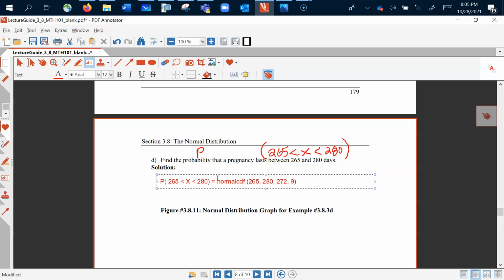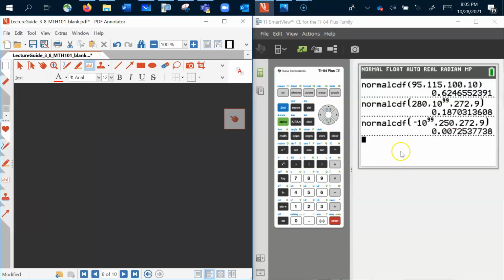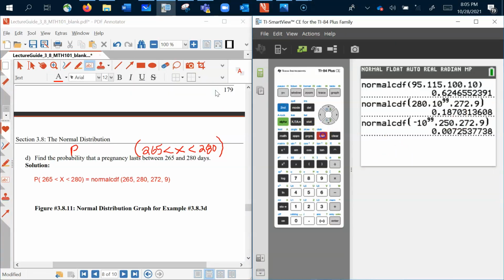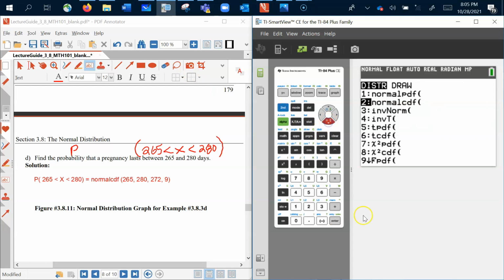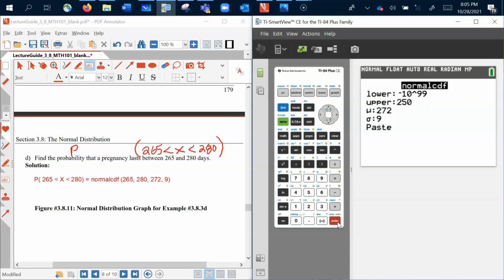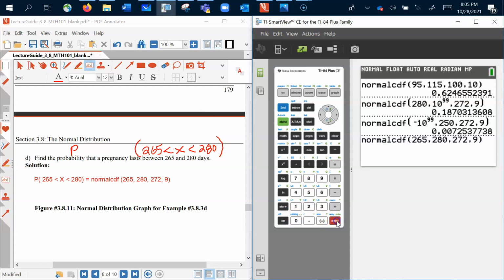And this is approximately, well, let's go to the calculator. So second VARS, option 2, normal CDF. The lower value here is 265. Upper value is 280. And the mean and the population standard deviation stay the same. So here we're getting about 0.5946 to 4 decimals.